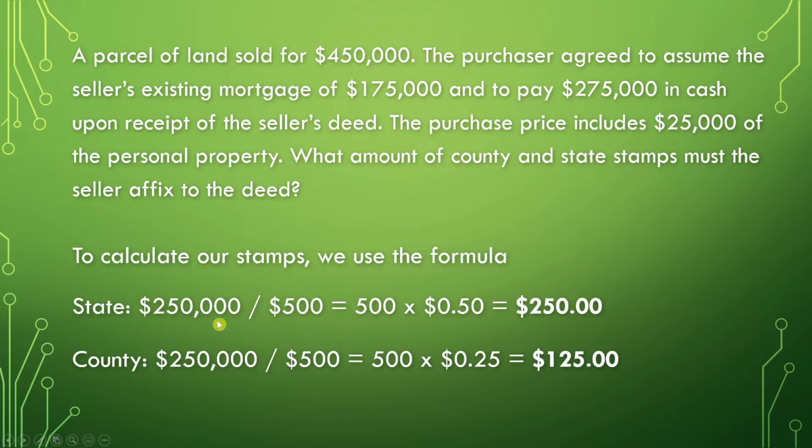So first thing we'll do is divide by 500 and then multiply by 50 cents. And that gives us $250. And then on the county level, we'll divide again by 500, multiply by 25 cents, and that gives you $125. So for county and state, $250 and $125.